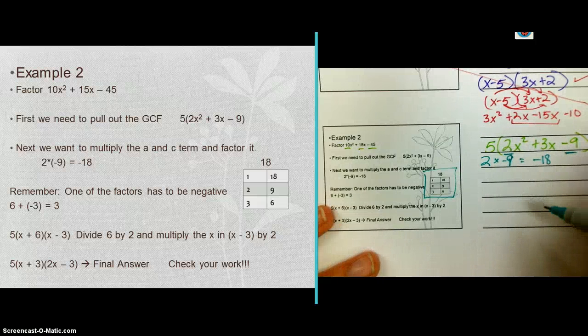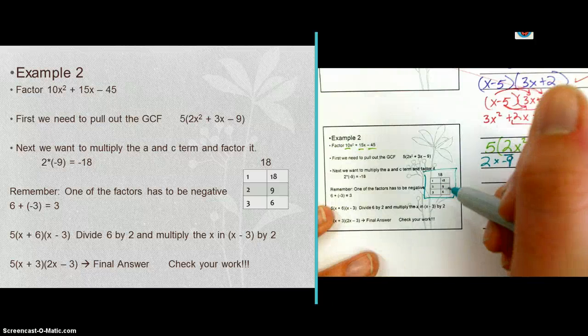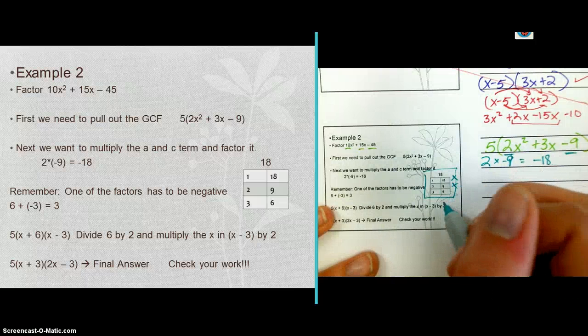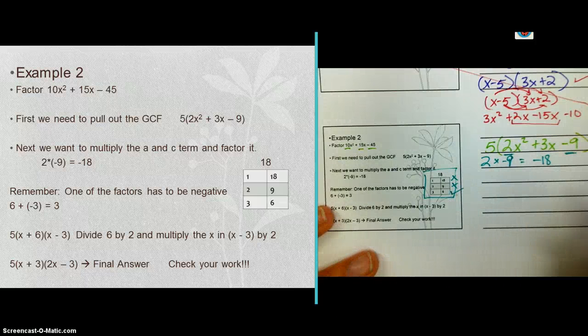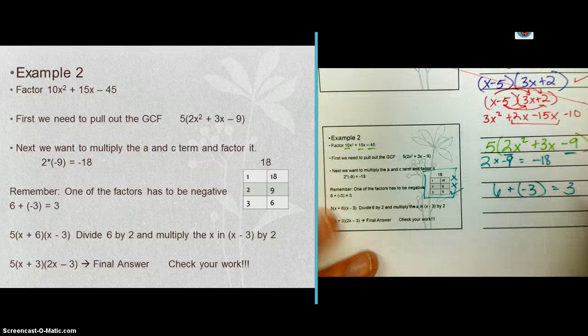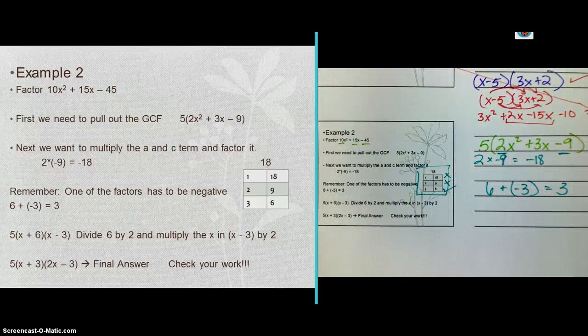Remember, one of them is negative, but I want them to add up to be a positive 3. So if I do 1 and 18, that won't give me a positive 3. 2 and 9, that cannot give me a positive 3. 3 and 6 can, though, as long as I have a positive 6 plus a negative 3. That gives me a positive 3. So I know I'm dealing with 6 and 3.